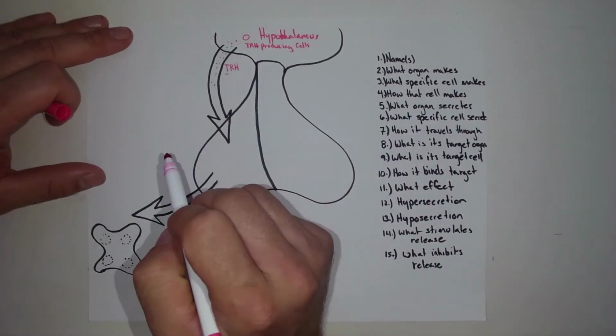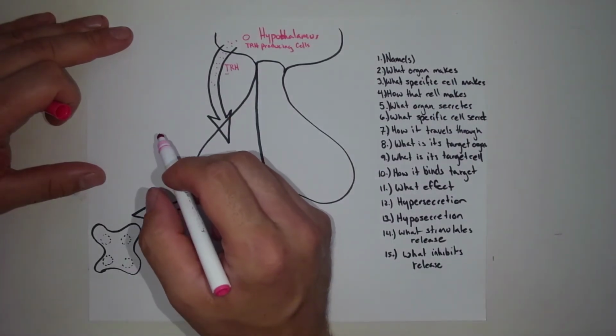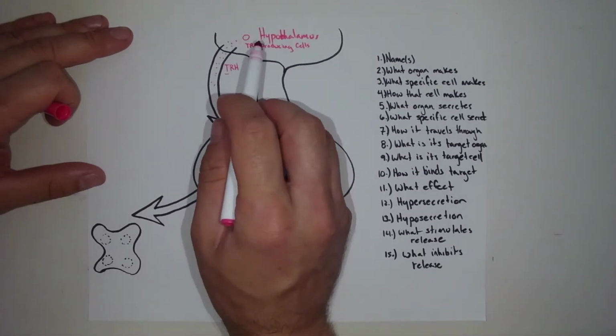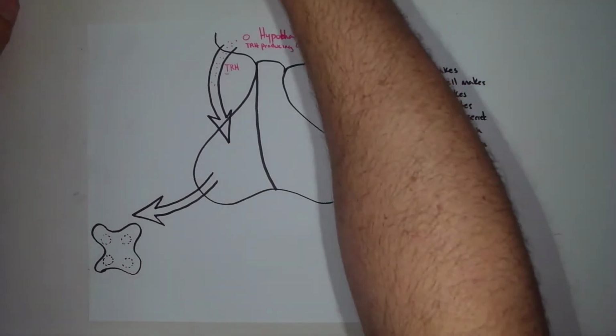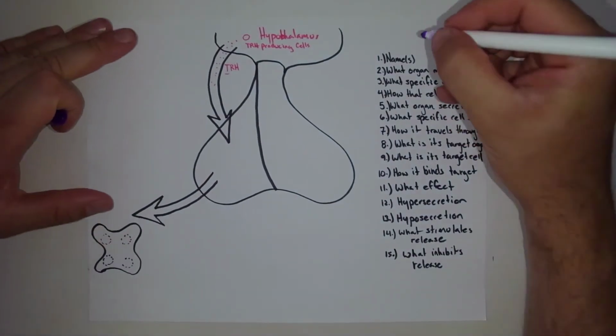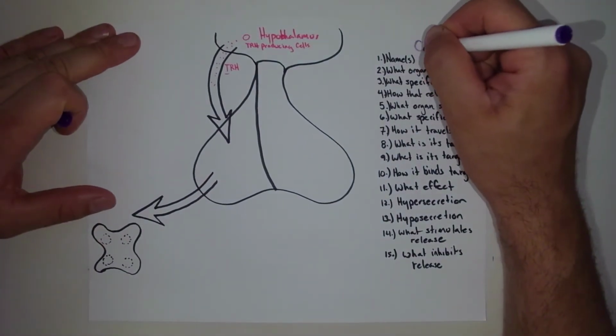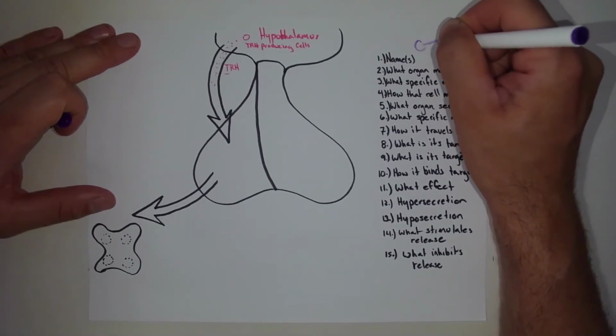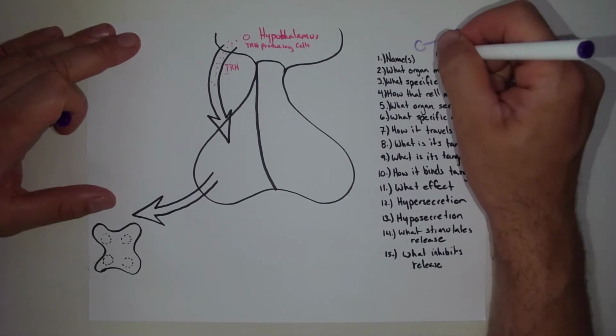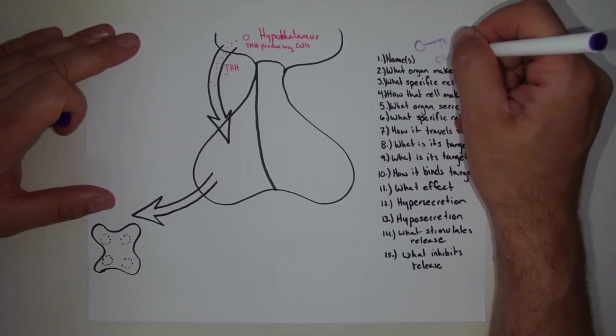Now, how does that cell make it? Well, because I know where it's made, and this was one of the keys. I actually left it off my list here, but one of the keys to understanding the hormones is to understand its chemical class.